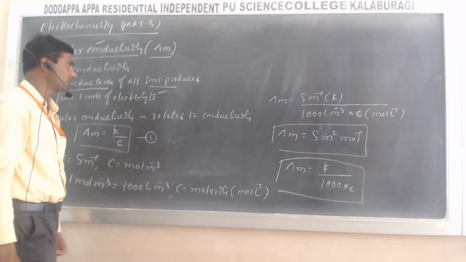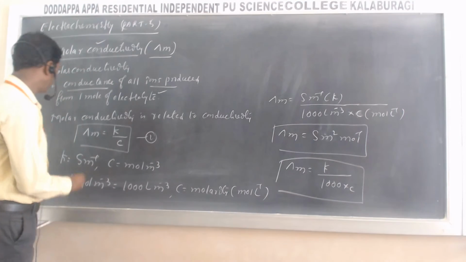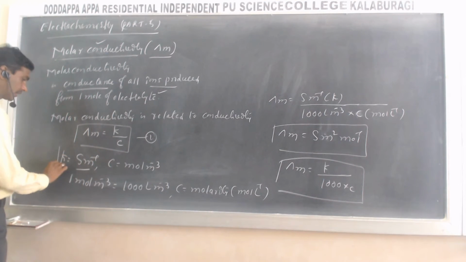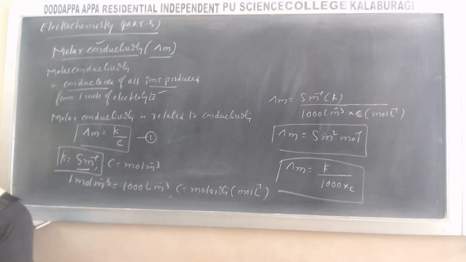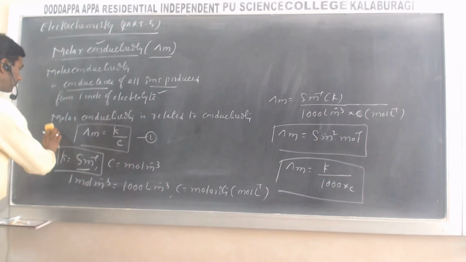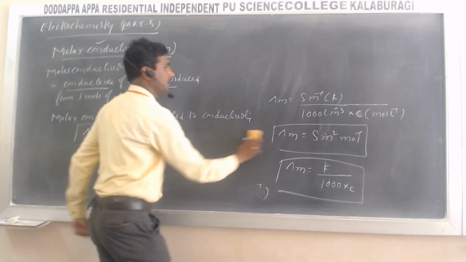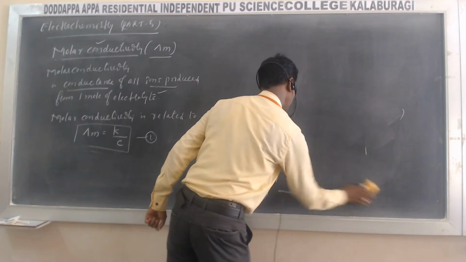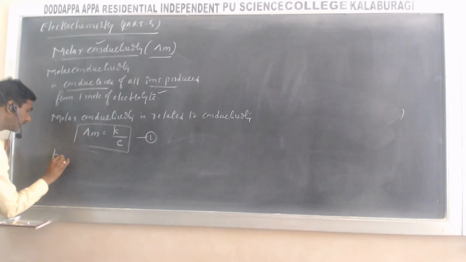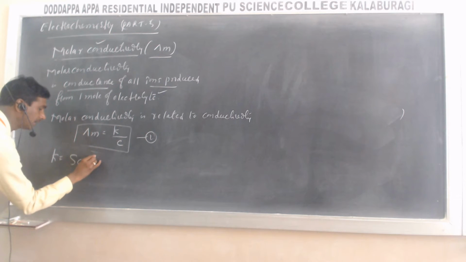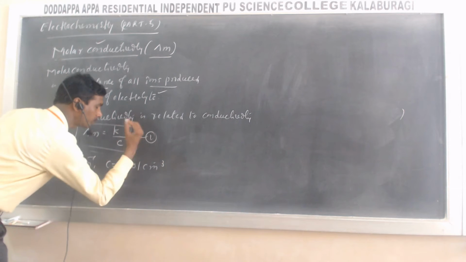This is the relation between molar conductivity and conductivity if the unit of conductivity is Siemens per meter. Similarly, suppose the conductivity is in Siemens per centimeter and the concentration is mole per centimeter cube.